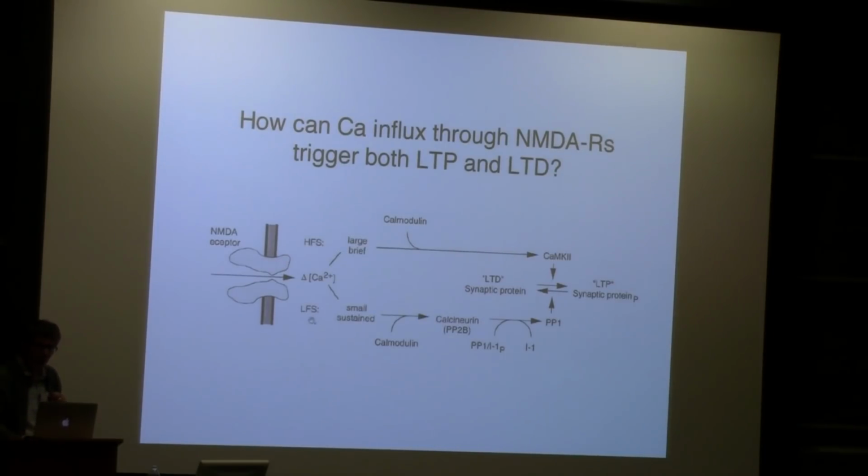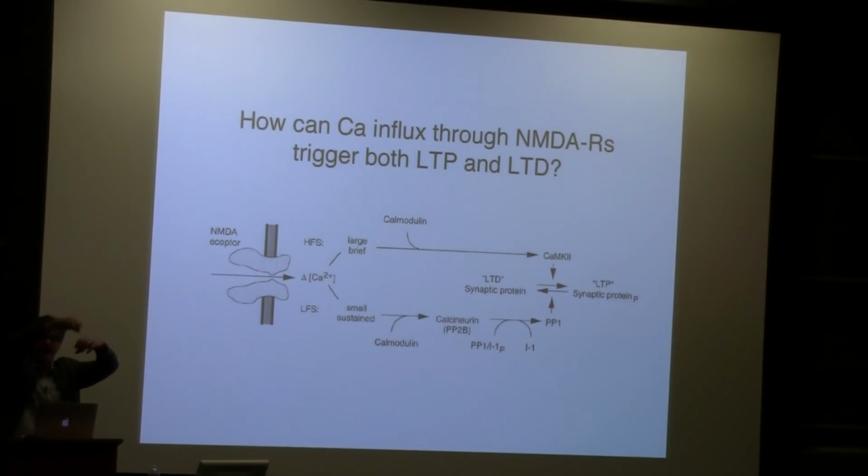Whereas if you have a low-frequency stimulation, you don't get that much calcium signal. It's small and sustained, and that will preferentially activate the opposite of the kinases, phosphatases. They will tend to take the phosphate from the substrate, and that will be conducive to LTD. So you can imagine a target protein, nobody knows which.